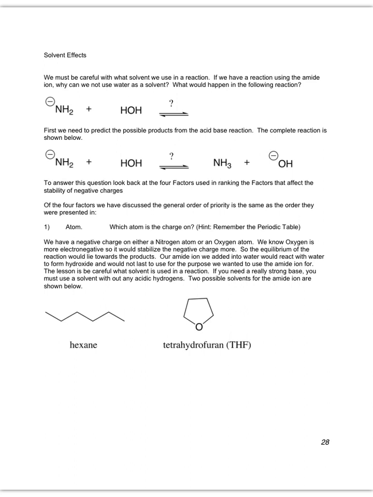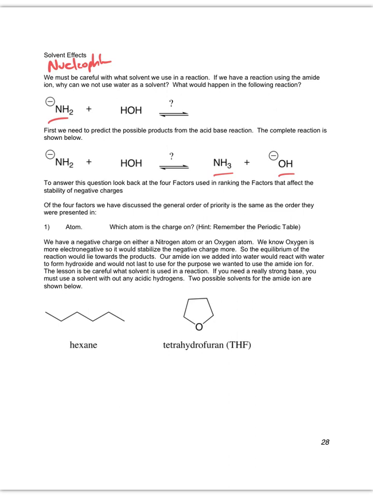Now, solvent effects and all, depending on what we have the reaction in, we have to be careful what can happen. So here we have the amide ion and water. The amide ion is the nucleophile because it has the negative charge on it. If the reaction were to proceed, it would take a hydrogen off water to form ammonia and hydroxide.